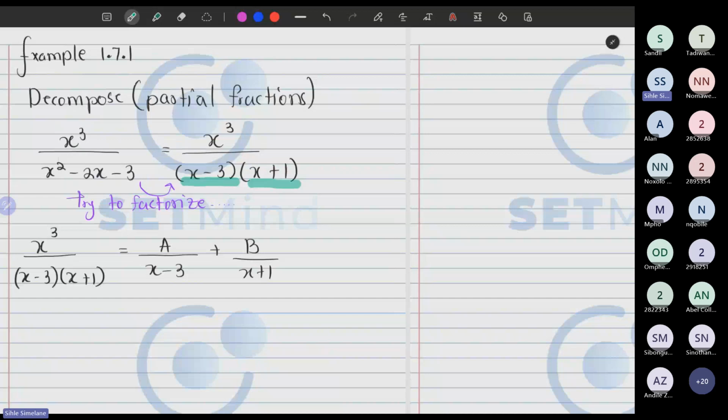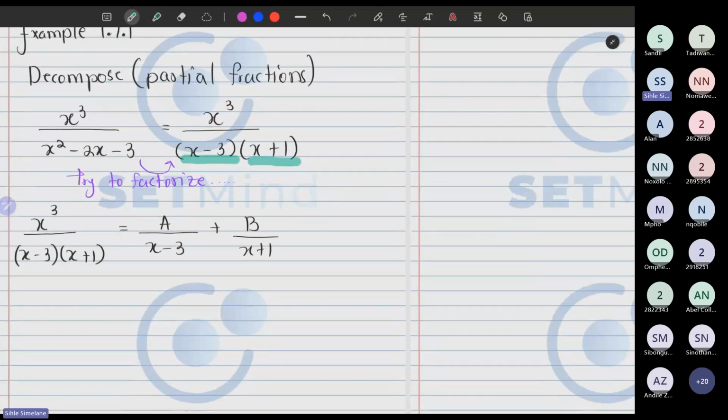If you have a quadratic factor, on top of that, you will have a linear equation. So essentially, the degree, let me quickly show you what is a degree. So if we have, let's say, 3x squared plus 2, the degree here is 2.